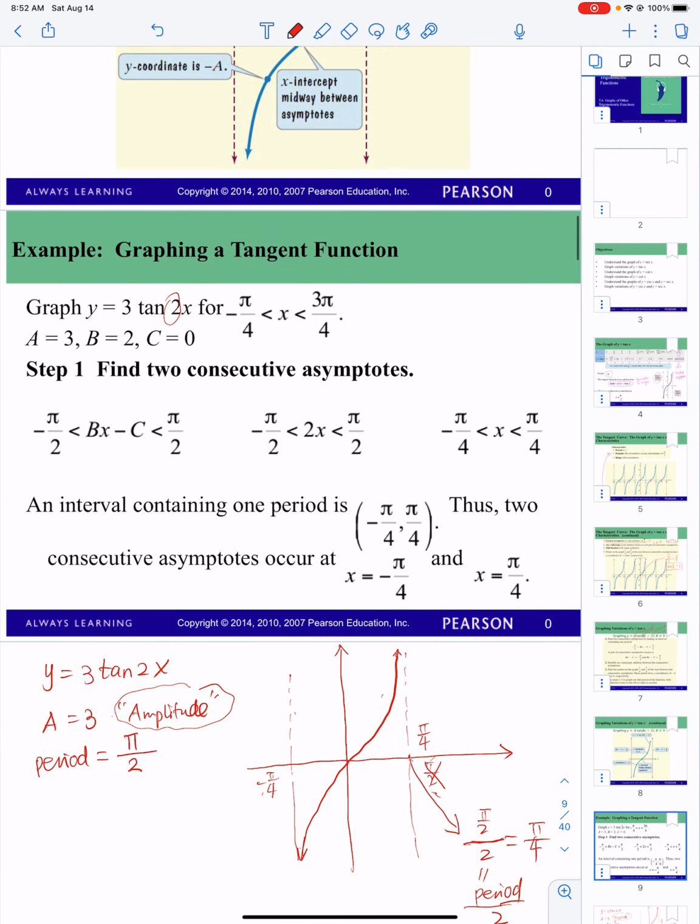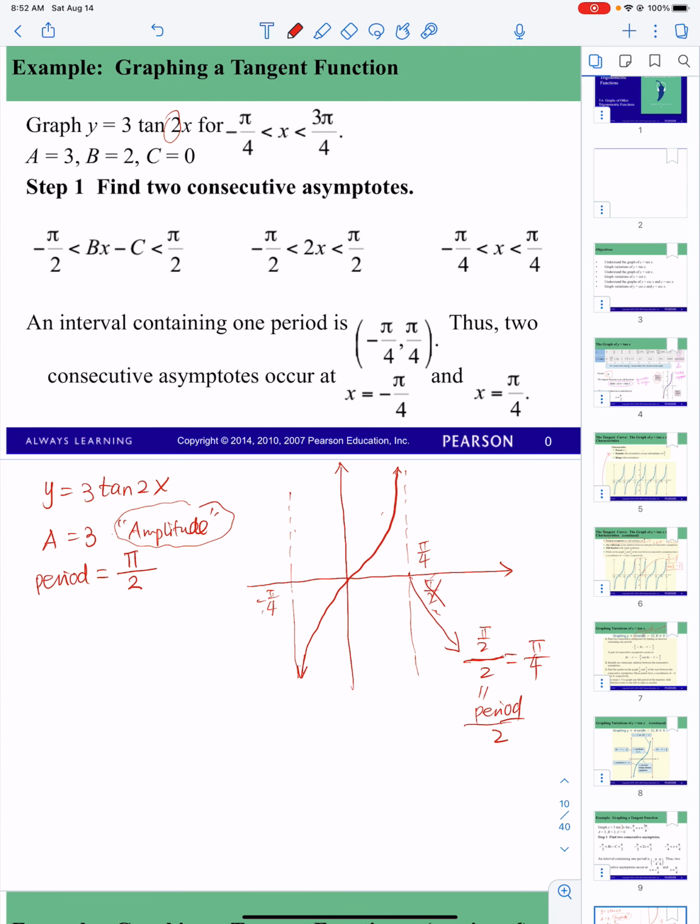Okay, so now what will you do? You look at here, from 0 to pi over 4. What's in the middle? What is half of pi over 4? Pi over 8. Okay, and if we only have tangent, what is the corresponding value here? 1.